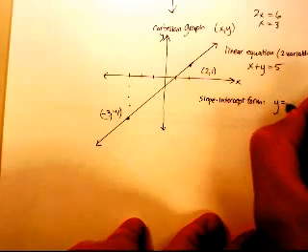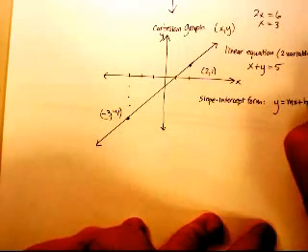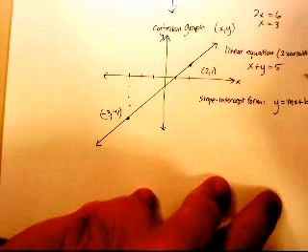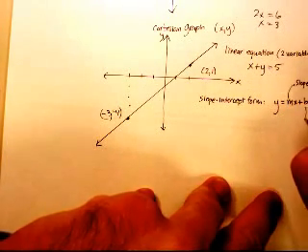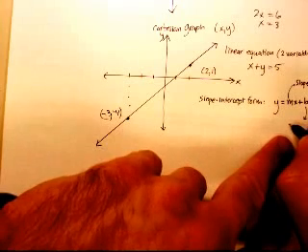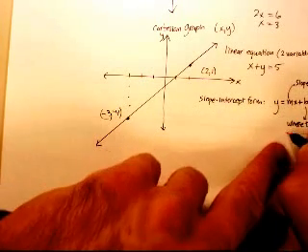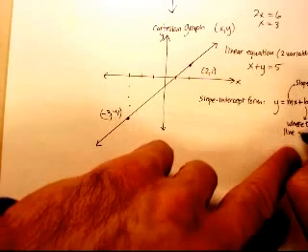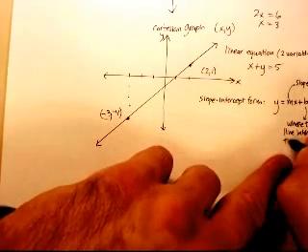You'd solve for y, and then you say it's equal to mx plus b. Now, what does that mean? Well, the m stands for something called a slope. The b stands for where the line intersects the y-axis.